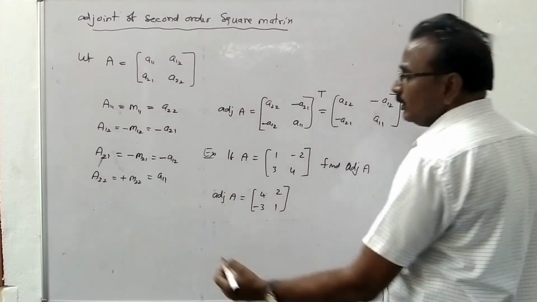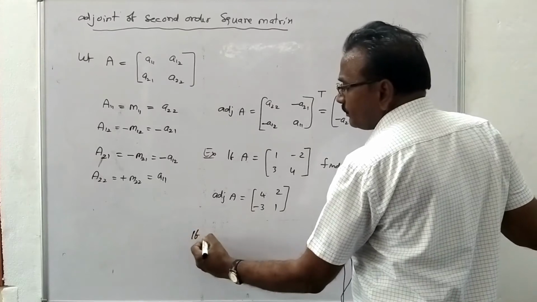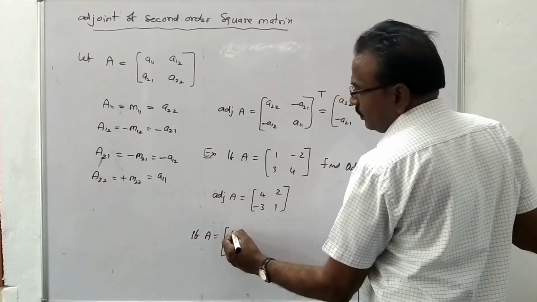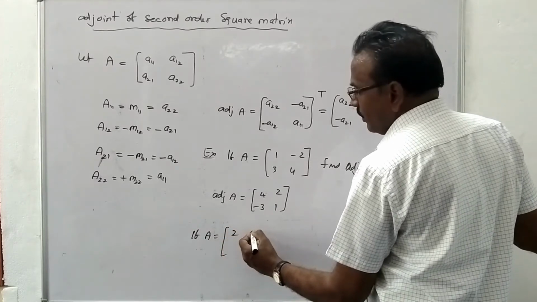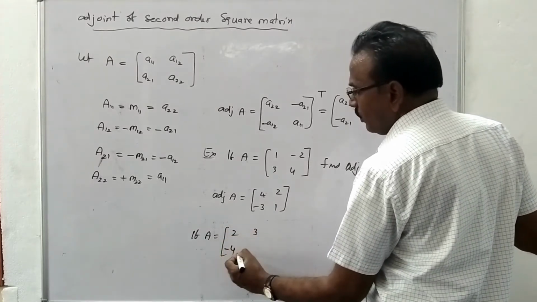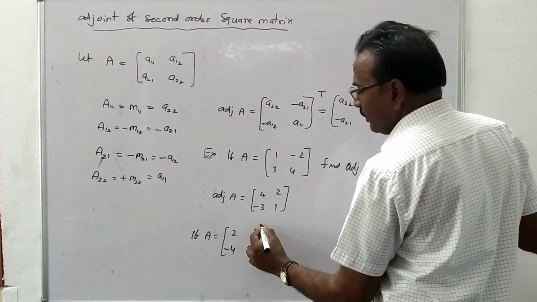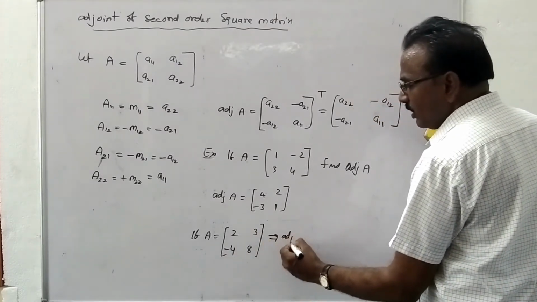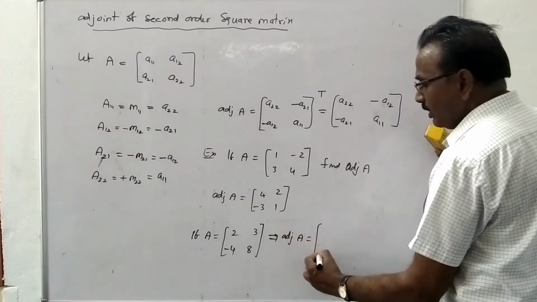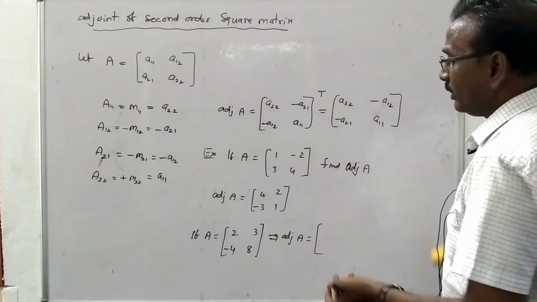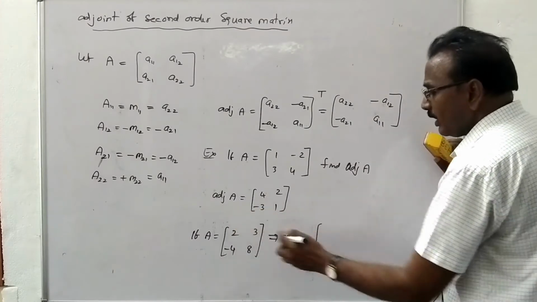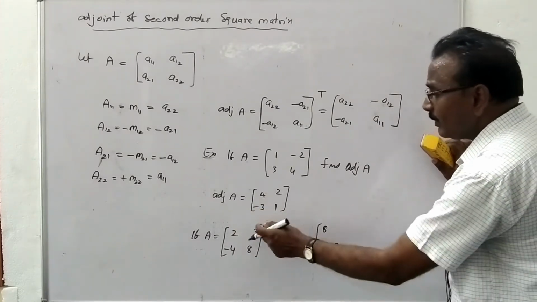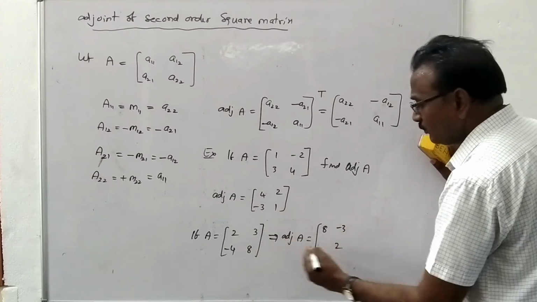Another example: if A is equal to 2, 3, minus 4, 8. The adjoint of A is obtained by interchanging the principal diagonal elements, 8, 2, and changing the sign of the other elements. Here plus 3 becomes minus 3, and minus 4 becomes plus 4.